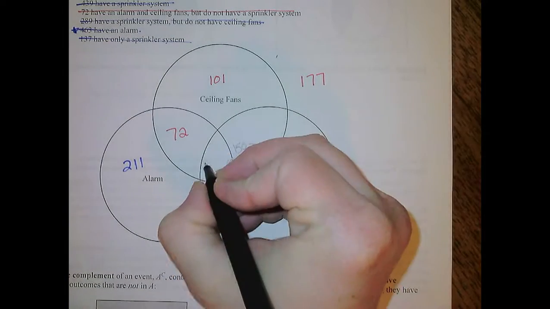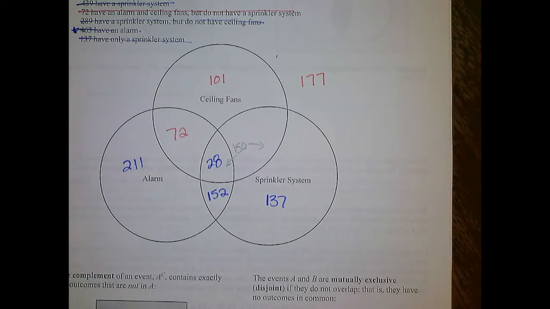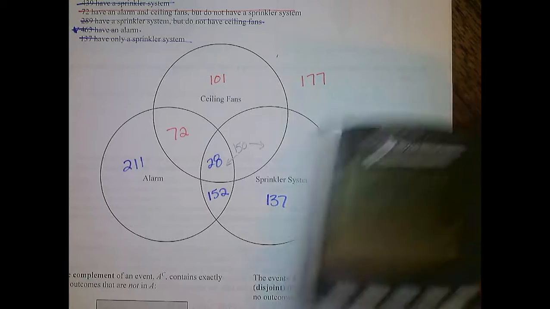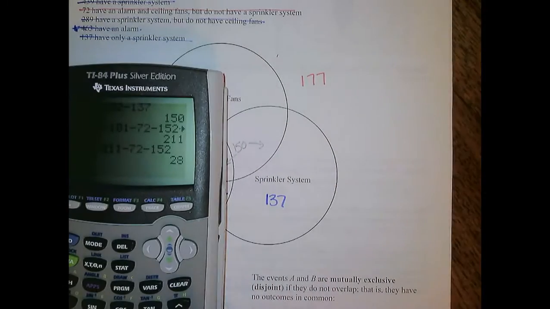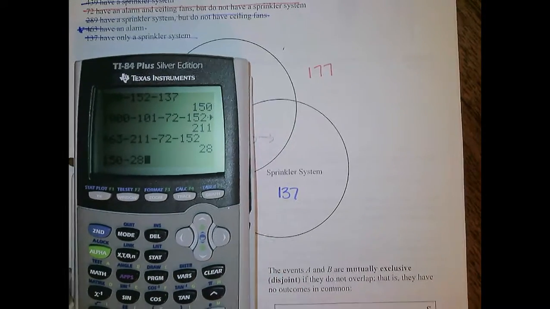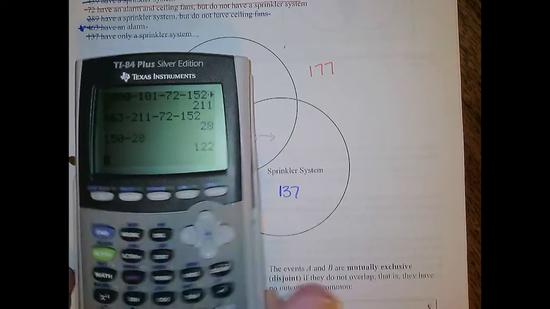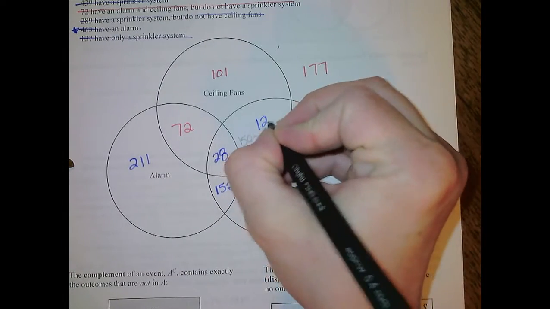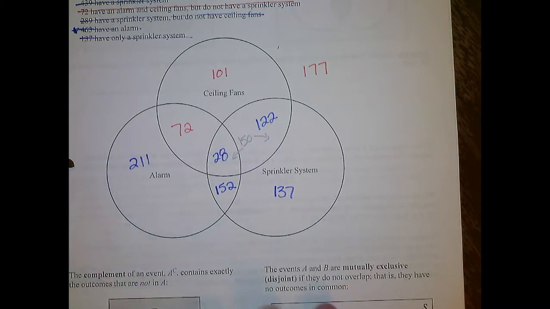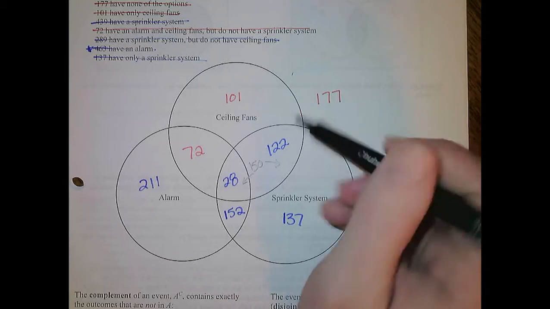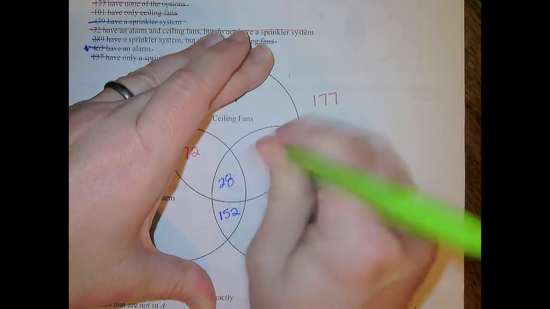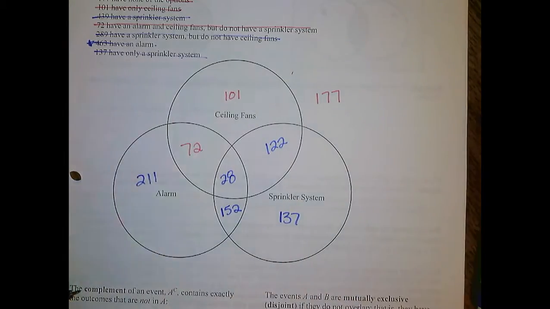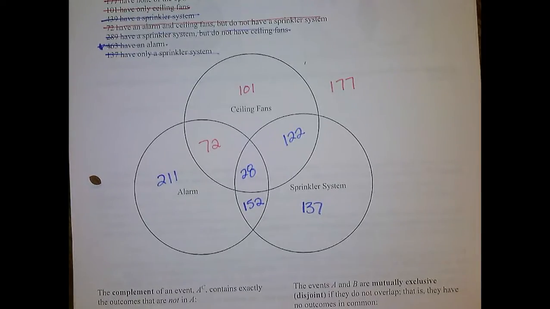So 28 of our homes have all three of the features. And since I know that there's 150 between both groups, if I take that 150 and subtract the 28 that have all three of the features, then I find that there must be 122 homes that fall within this area of just ceiling fans and sprinklers. So this is what our final Venn diagram would look like.